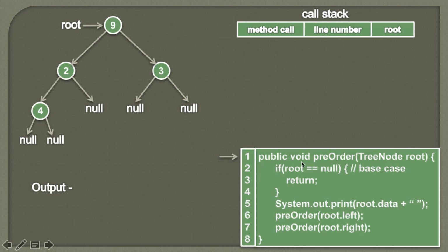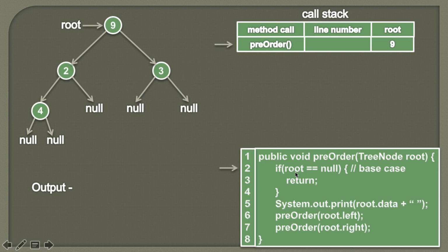So when the execution point comes to pre-order, we know that the call stack will now execute this pre-order method, and we are keeping track of the root. So currently the root is being pointed to by the data as 9. Then we check whether root is equal to null or not.